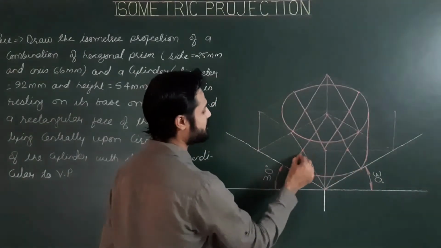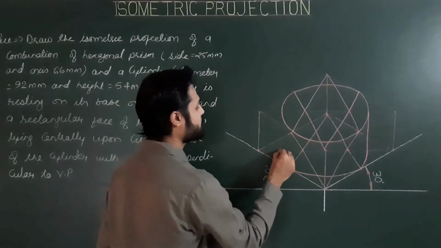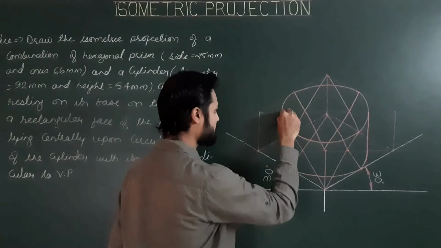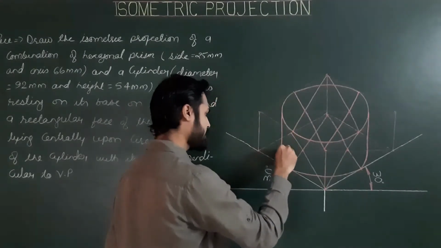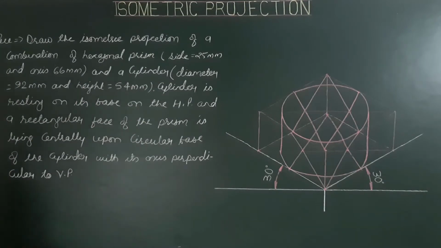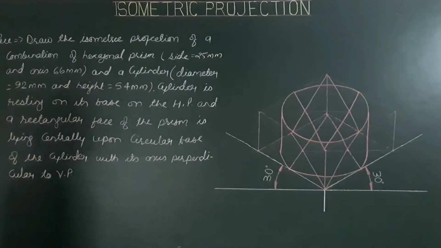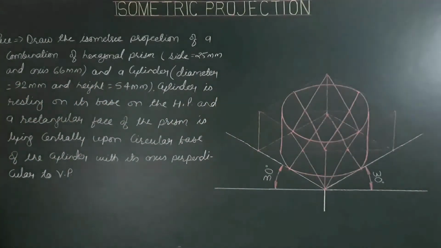Similarly, this is the center and this is the radius up to the diagonal, and then the generator will dominate. So this is the complete projection of the circular lower base and upper base. So the first solid, the cylinder, is ready.